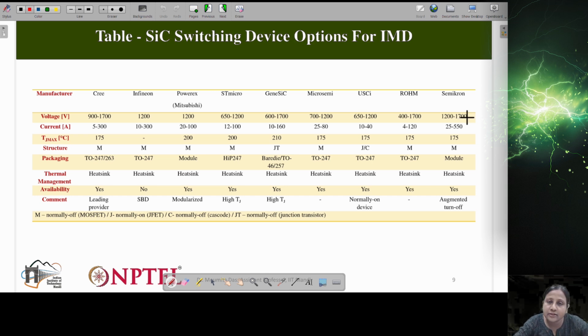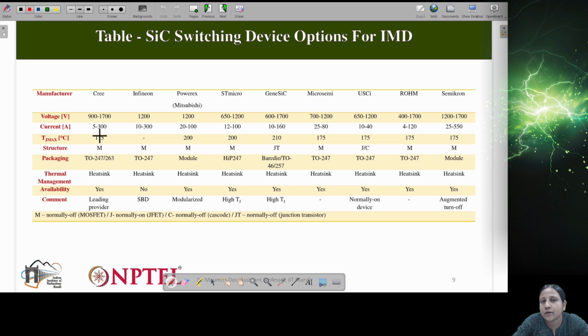The current level, as you can see here, is a minimum of 5 ampere and a maximum that can go up to 300 ampere, so that it should be suitable for megawatt level power applications. The junction temperature for silicon carbide devices is expected to handle up to 150 degrees Celsius.